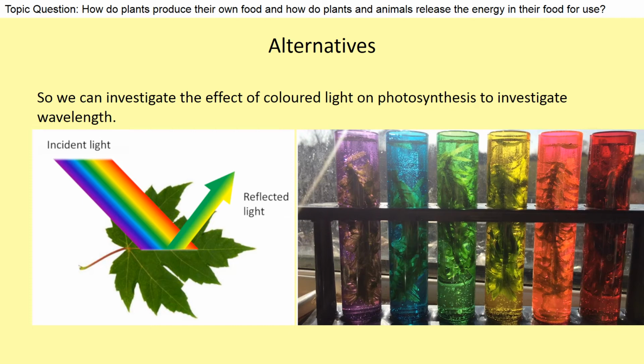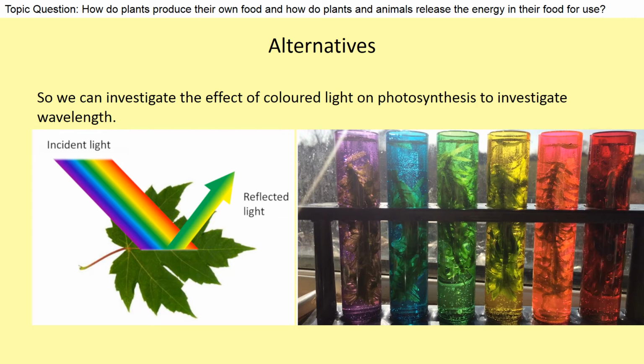So we could use that idea of white light being made of different colours of light, different wavelengths of light, to investigate by just slightly adapting the experiment. So here we've got different coloured tubes which have the pondweed in them. So we can still shine white light on them, but they will only allow the coloured light that the tube is made from to be able to get to the plant.